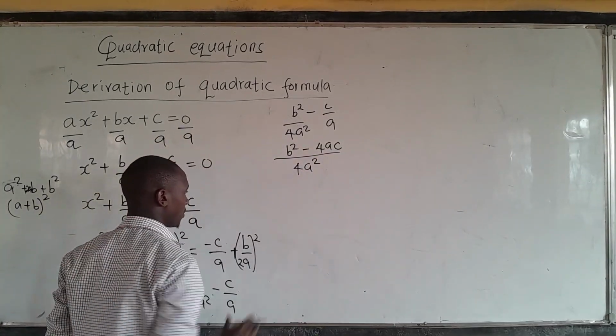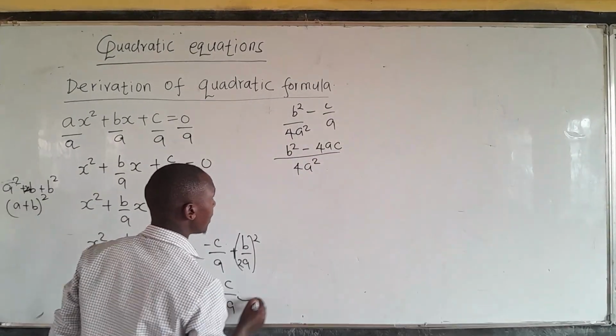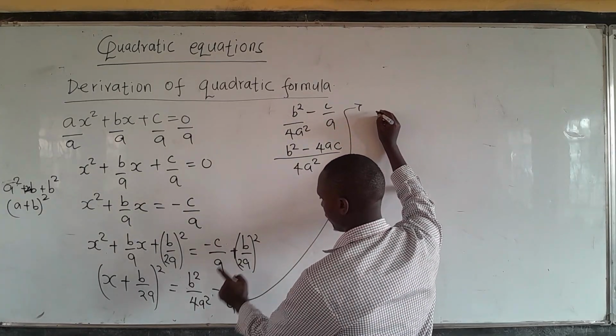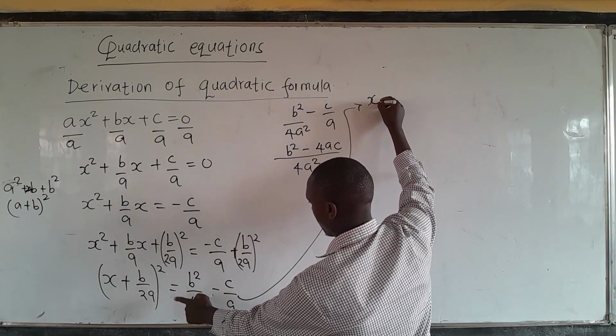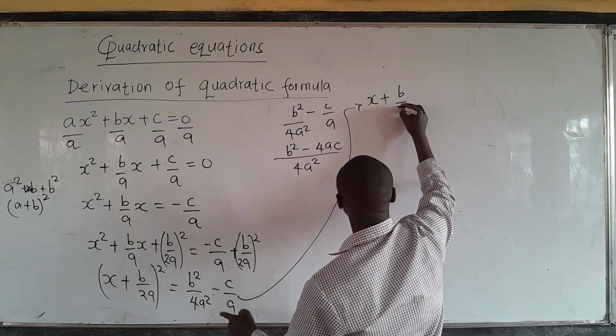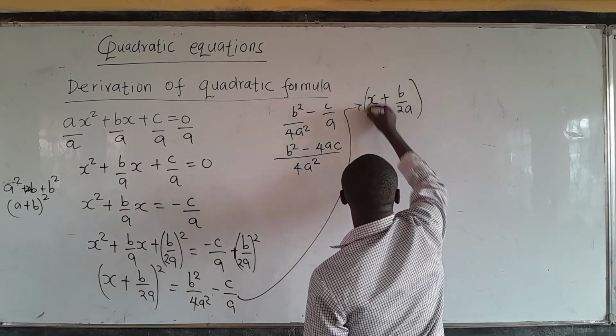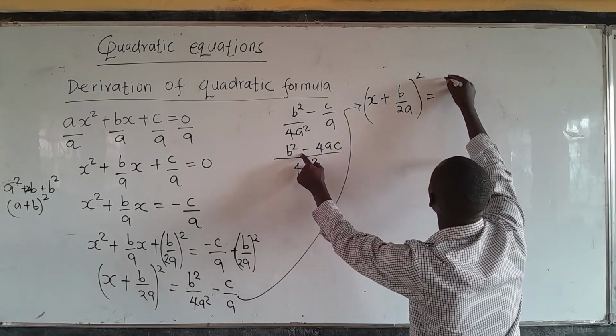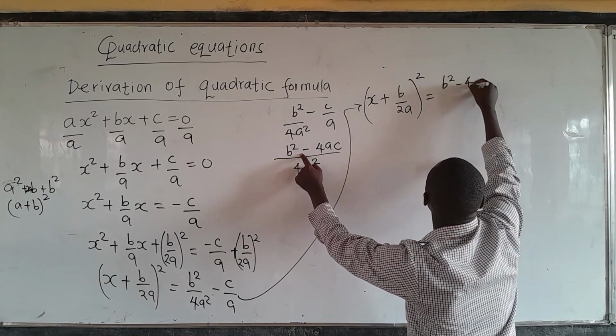So we have a single fraction now. Now we can write this as x plus b over 2a, squared, equals b squared minus 4ac divided by 4a squared.